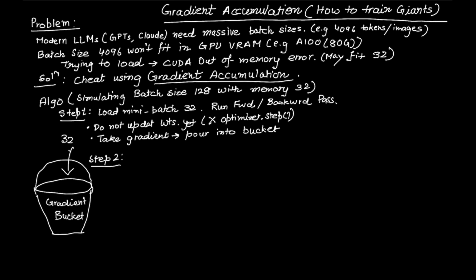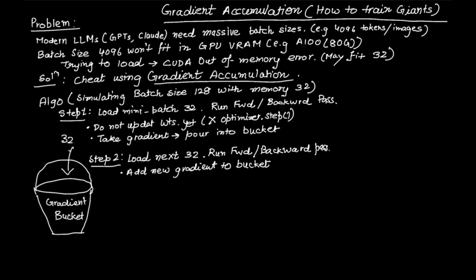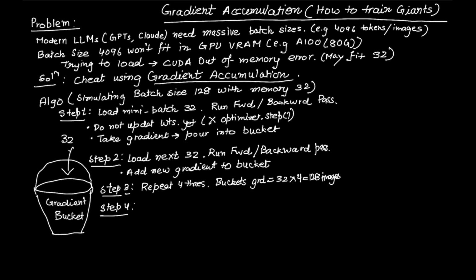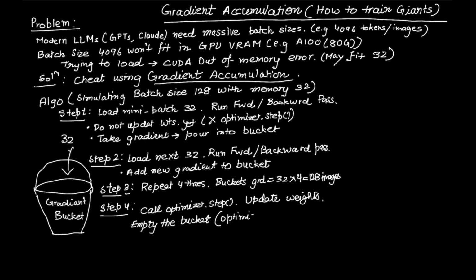The second step is to load the next mini batch of 32, run forward and backward passes, add these new gradients to the existing gradients in the bucket, and then repeat this 4 times. Now, the bucket contains the sum of the gradients from 32 times 4, which is equal to 128 images. Now, we call optimizer.step. We update the weights and we empty the bucket by calling the optimizer.zero_grad PyTorch function.